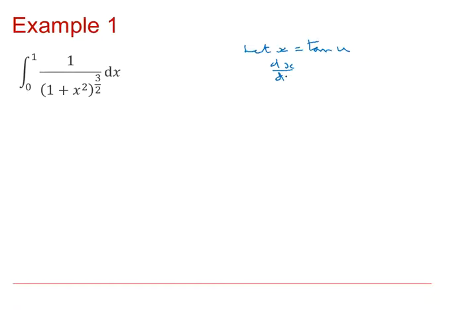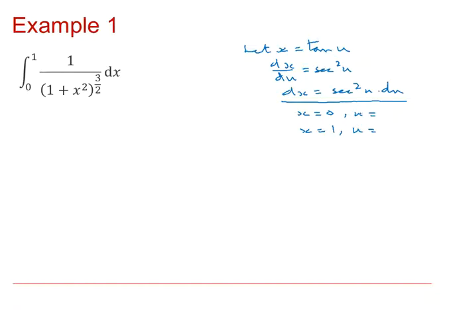So that gives us dx by du is sec squared u, and dx is going to behave like sec squared u times du. Don't forget it's a definite integral, so we need to change the limits. So when x equals 0, find u, and when x equals 1, we need to find u.